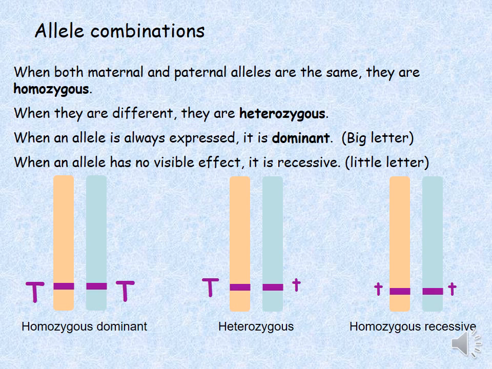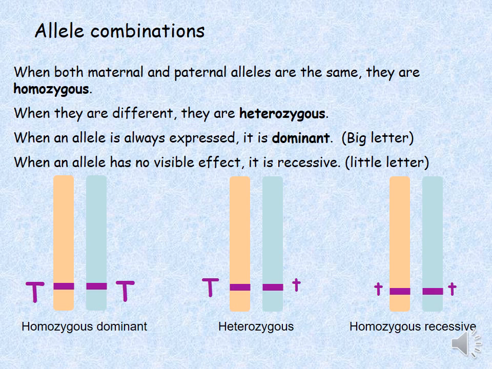But if little t is being expressed, it's going to transcribe and translate a protein that is just non-functional. Non-functional protein that's being put into the petals will not create any different color, and so the white just happens to be the color that is present without that protein. Now, it doesn't always have to be that way. Sometimes the recessive gene is able to have a functioning protein, but a lot of the times it's not.